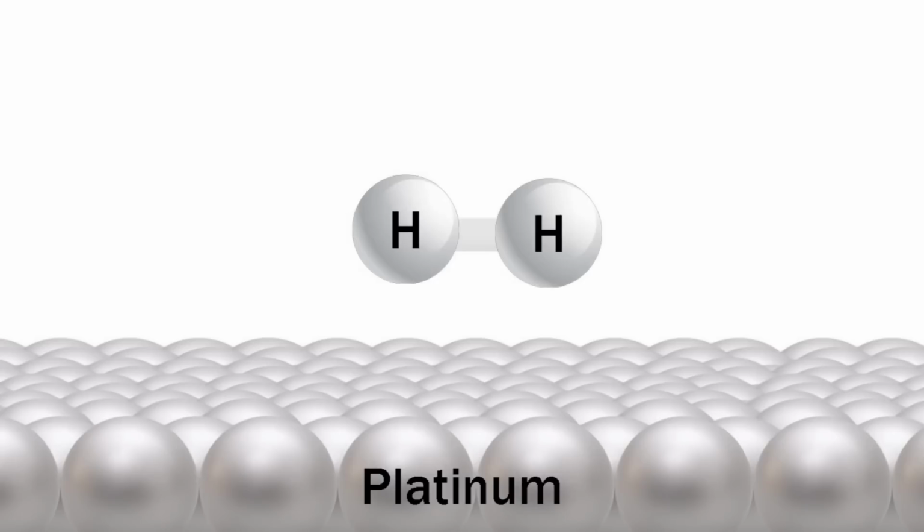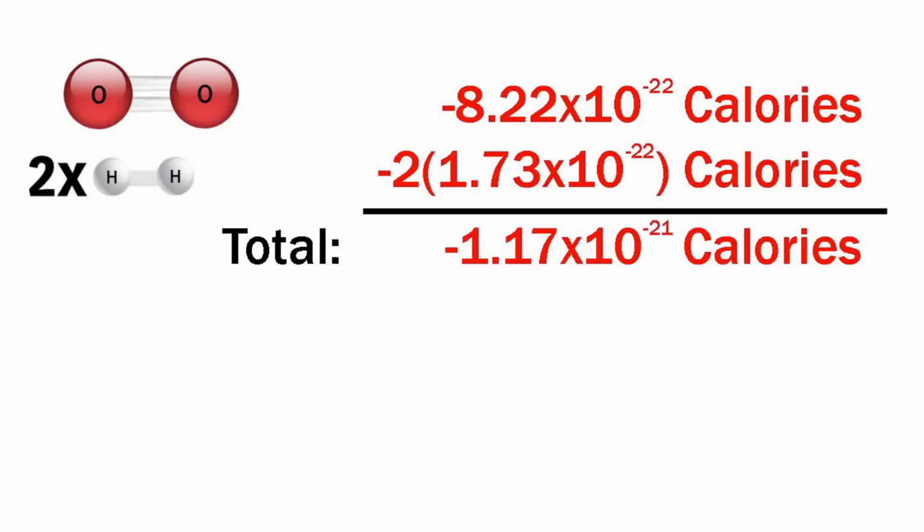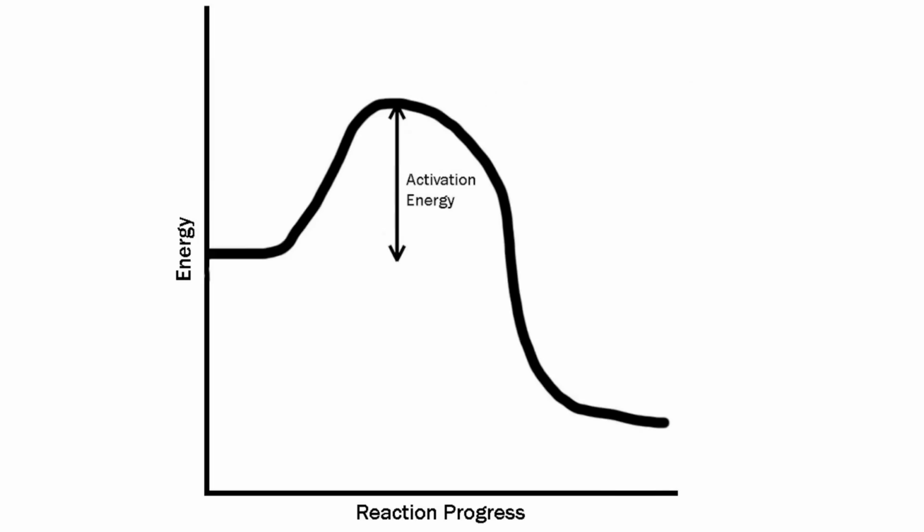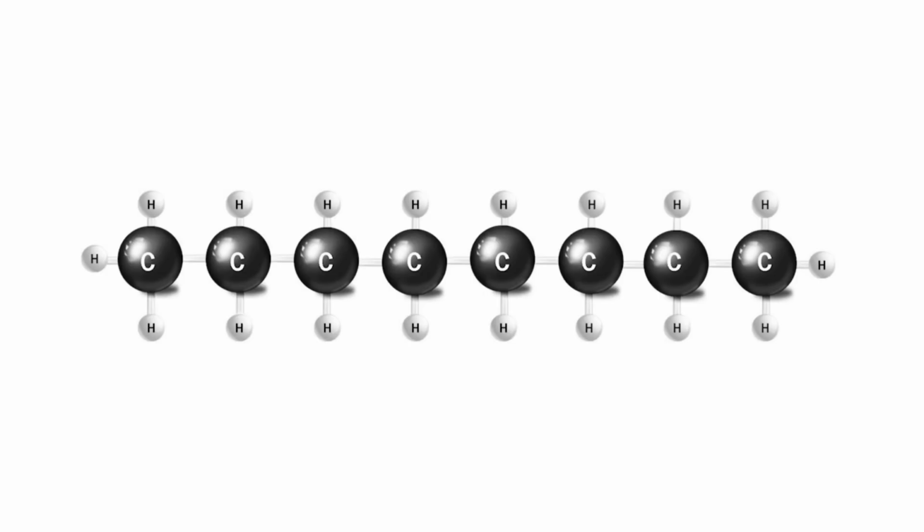A catalyst like platinum, for example, has a high affinity for hydrogen, so it breaks the bond spontaneously, and hydrogen basically just sticks to the platinum. That means you don't have to supply the amount of energy needed to break the hydrogen bond, because it's already broken, and that decreases the total amount of energy you need to start the reaction. That's the activation energy, the energy needed to break those bonds in the first place.